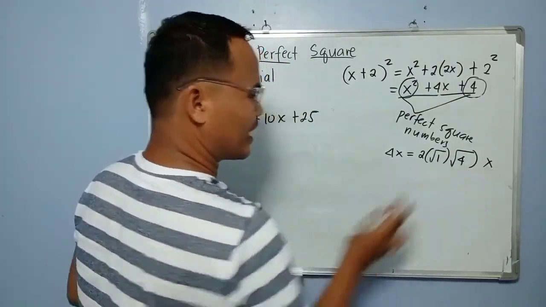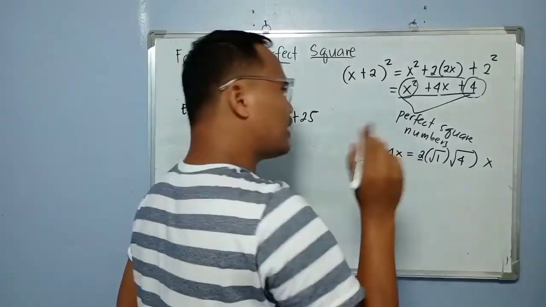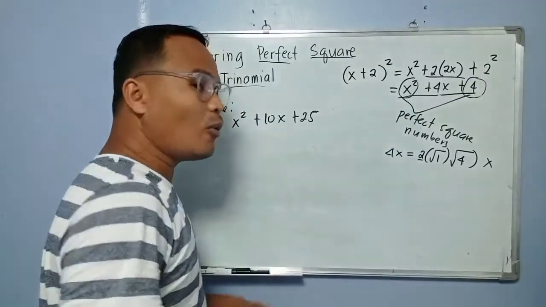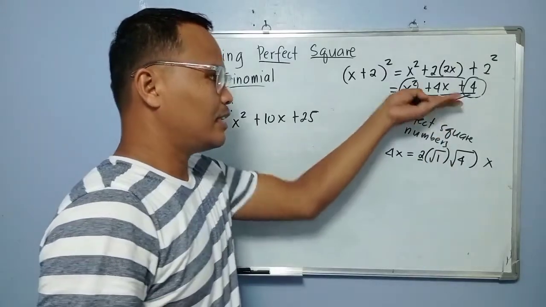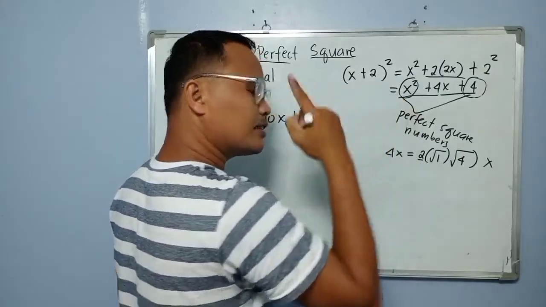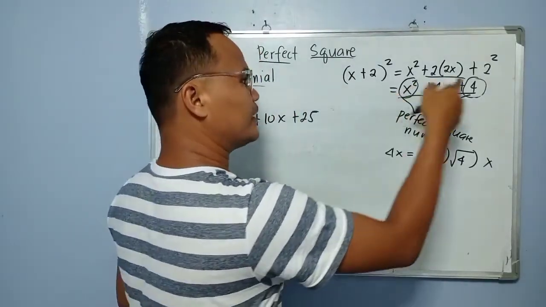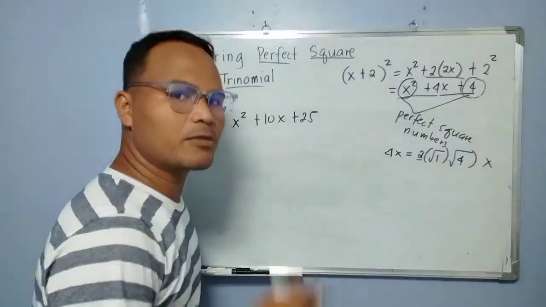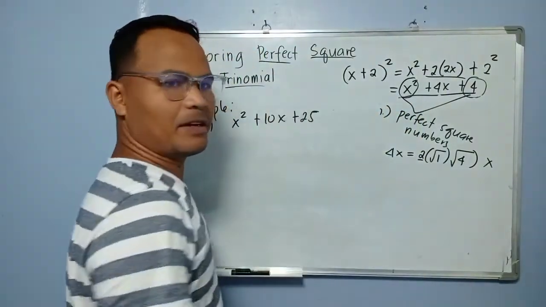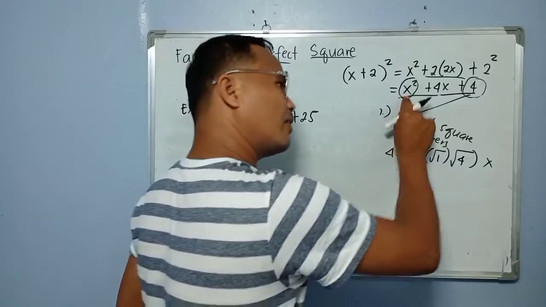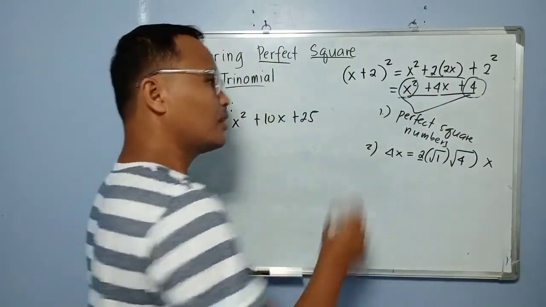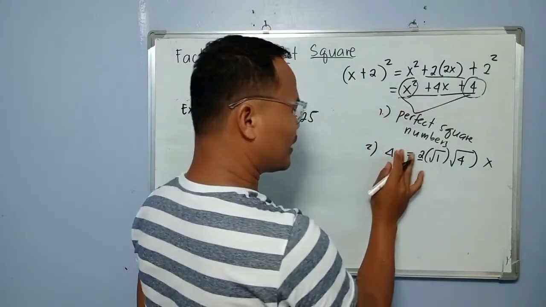Let us put x here. X is the variable. Now, what I am trying to figure out is how we are going to determine a perfect square trinomial. So, first thing is, take a look if the first and the third term is a perfect square number. That's the first condition. Perfect square numbers, the first and the third. Now, the second condition, the coefficient, let's forget x.